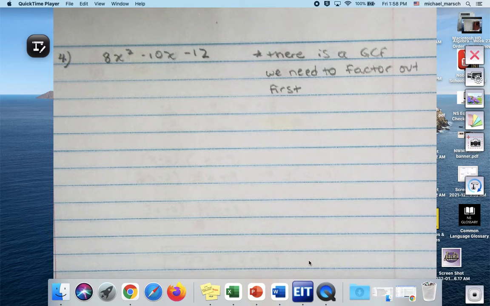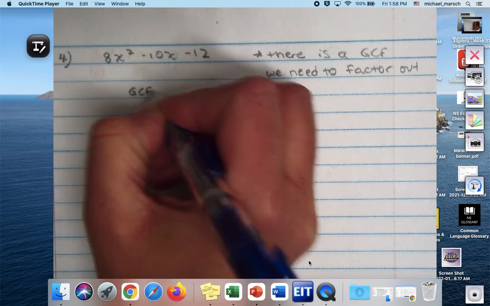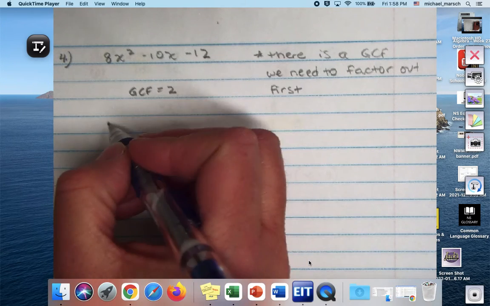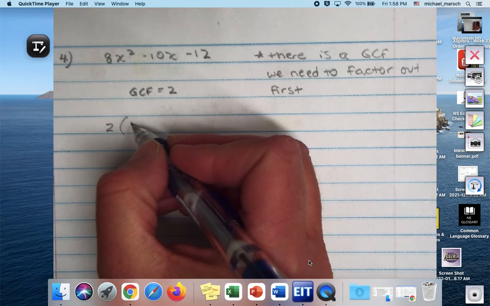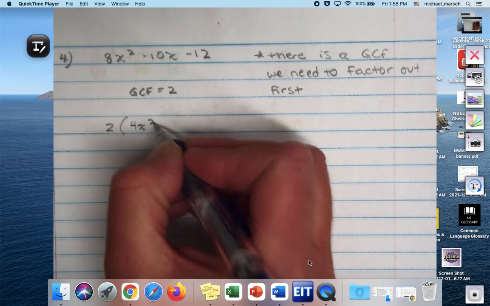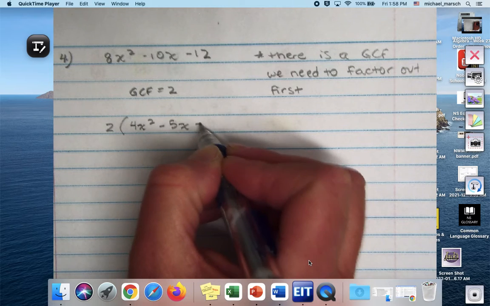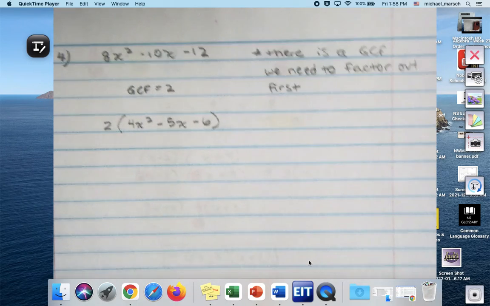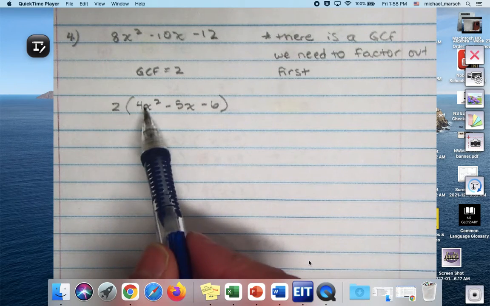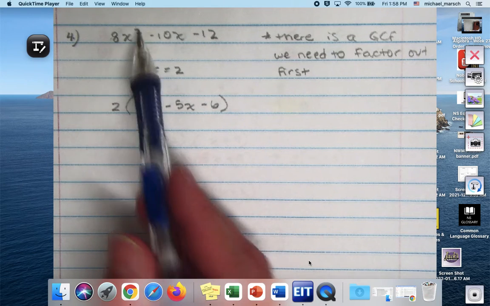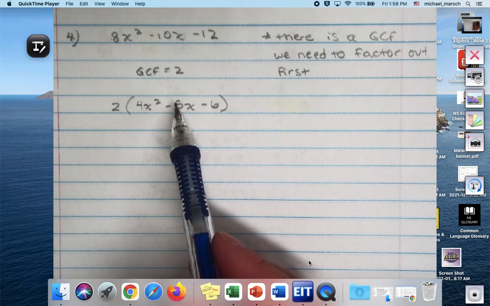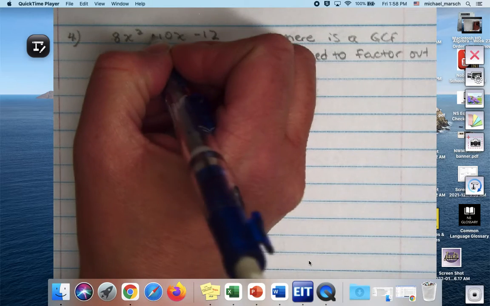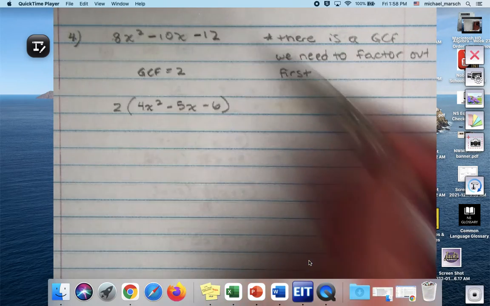Callie? 2. So we're going to take the 2 out here, and then we're going to get 4x squared minus 5x minus 6. Because 2 times 4x squared will give me 8x squared. Oh yeah, no, this is subtraction.